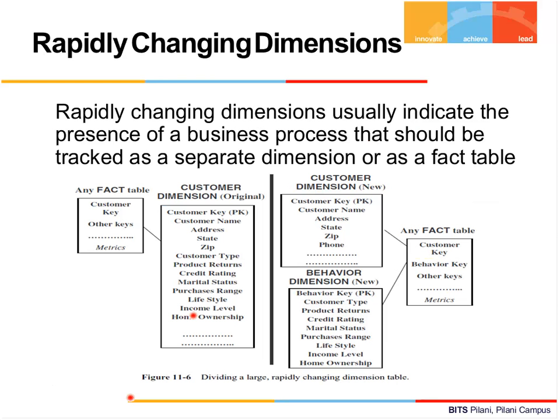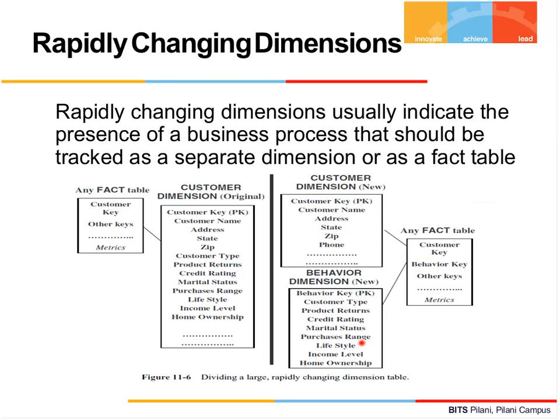Basically, whenever there's rapidly changing data, this is a very good example from our textbook, you can see from chapter 11. I picked this slide right from the book. Here we have a customer table, and it's a very large table in some organizations that have a very wide range of customers. When the behavior patterns of the customers are frequently changing, what they do is push the rapidly changing attributes into a different dimension.